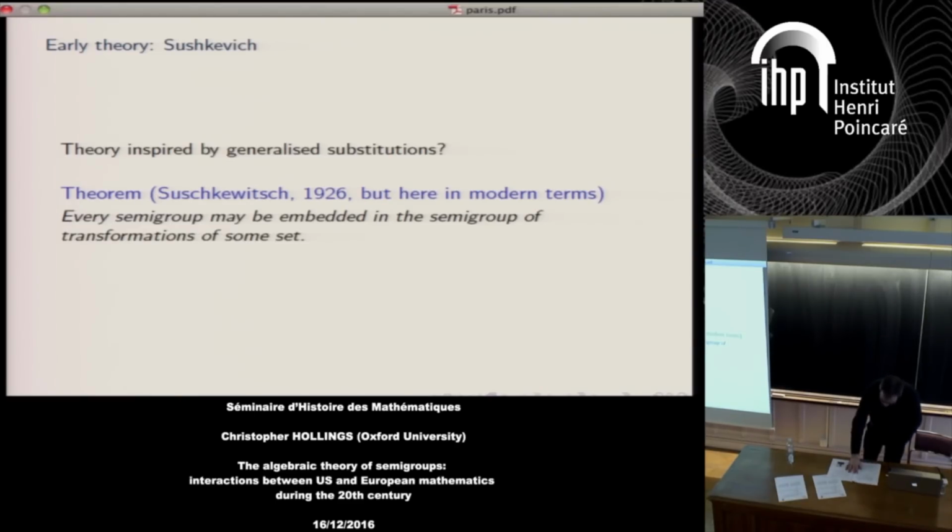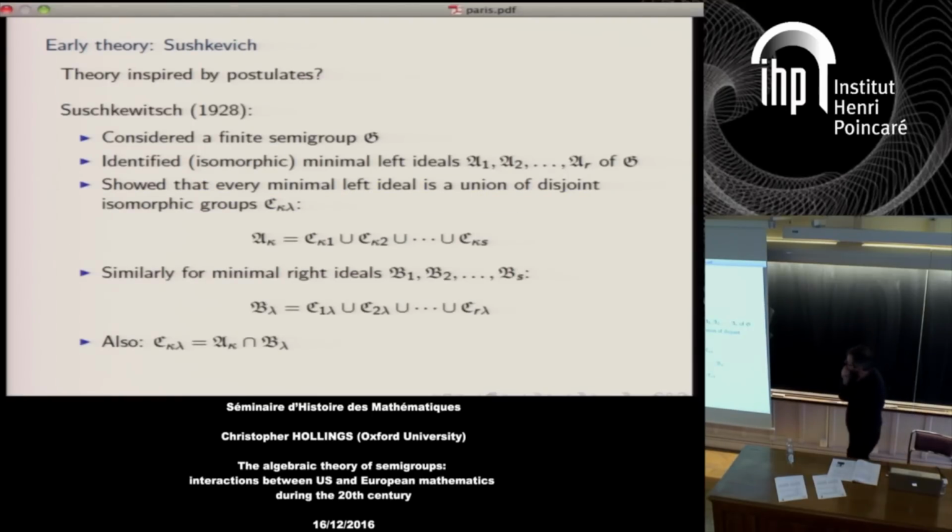But then you have a much more elaborate side to his work. I'm not going to worry too much about the details here. I've just put this up for completeness. In a slightly later paper, which turned out to be possibly his only influential paper in the development of the theory, he's looking at finite semigroups.